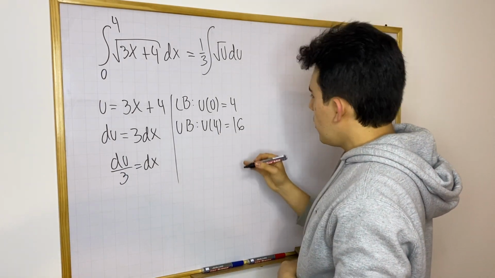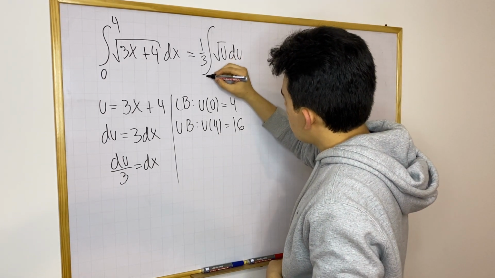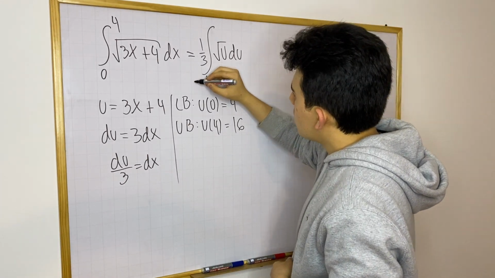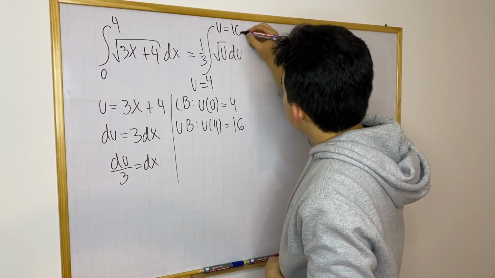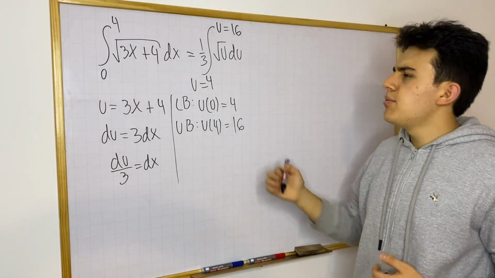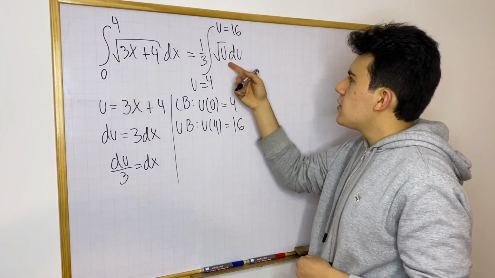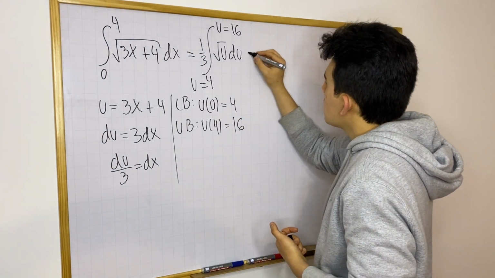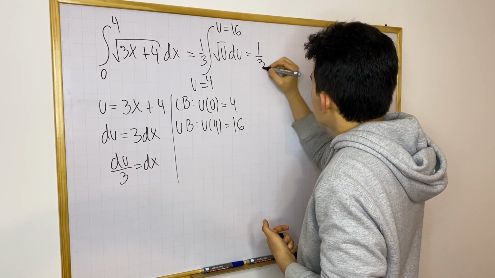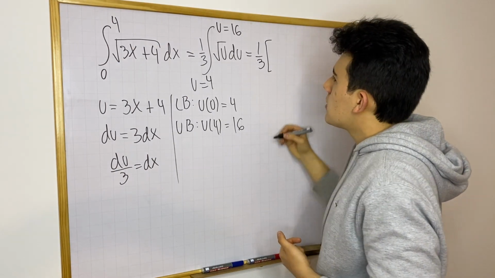So now we can plug these values into the definite integral. We're going to have 4 as the lower bound, and this is going to be u, of course. So we have u equals 16 up here. Nice. And this is very simple to solve. This is just going to be a coefficient, so you can just add 1 to the exponent, and we're going to get the following. This is going to be 1 over 3 times, now let's see what we get.